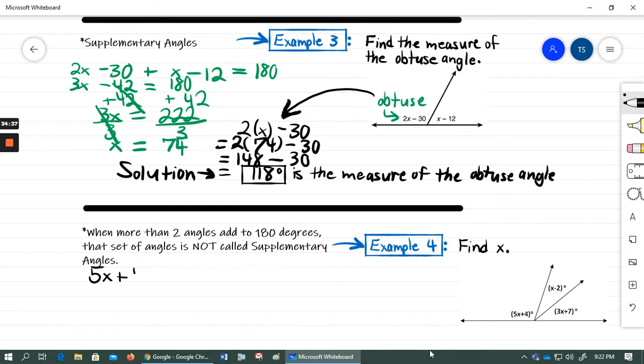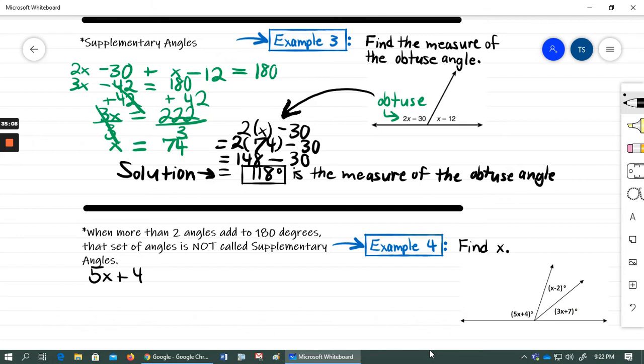is 5x plus 4. Now again, guys, it doesn't really have to be obtuse, but based on the way it looks, we could assume that it is obtuse or bigger than 90. But again, it doesn't have to be bigger than 90, because we could find a value of x where that largest angle is not bigger than 90.